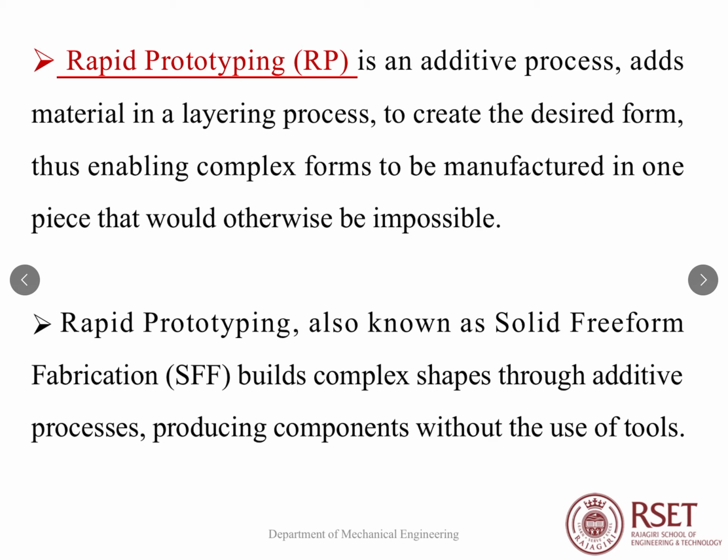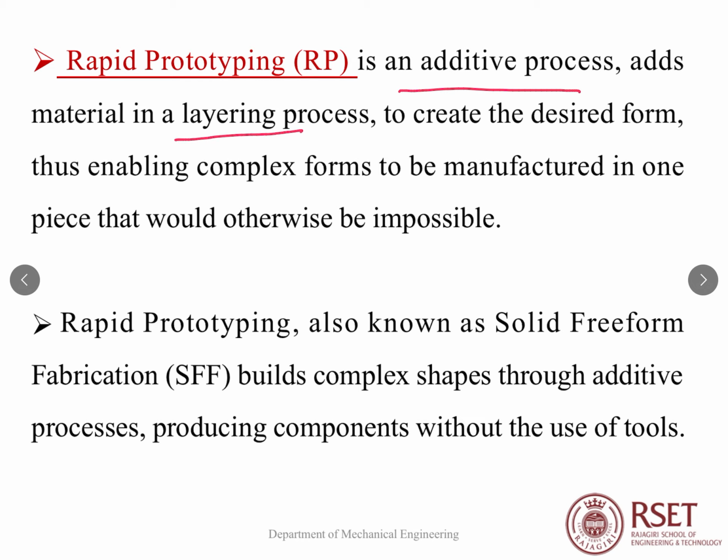Rapid prototyping enables us to manufacture a model or prototype quickly from model data. The model data can be a CAD model, that is a computer model. So, rapid prototyping is an additive process. It's always additive, not subtractive. Add material in a layering process.